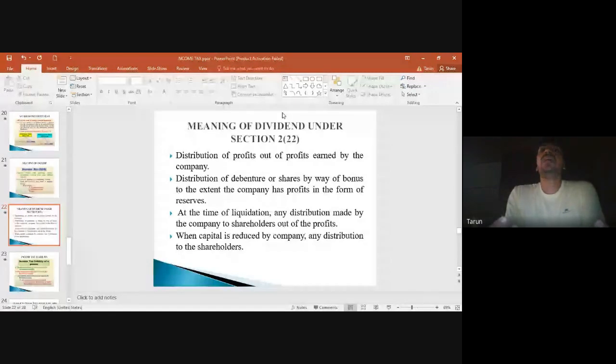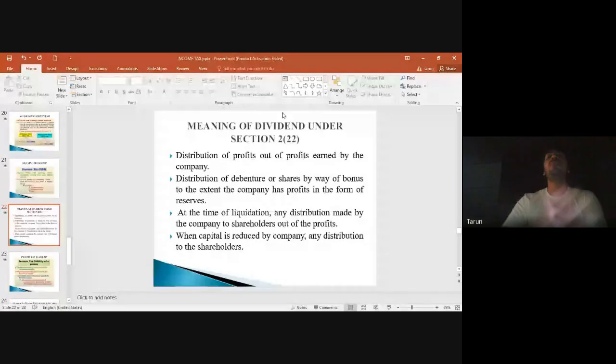Right? If at the time of liquidation, when the company is winding up, any distribution is made by the company to its shareholders out of its profits, that is also called dividend. A part of the profit earned by the company that is distributed among the members of the company, that part of the profit is dividend for them, right?